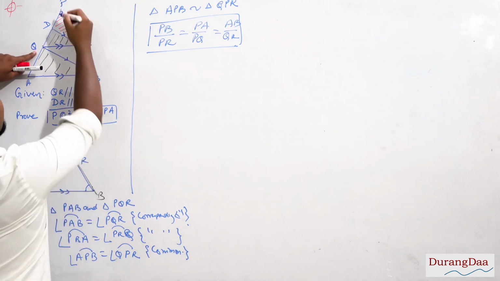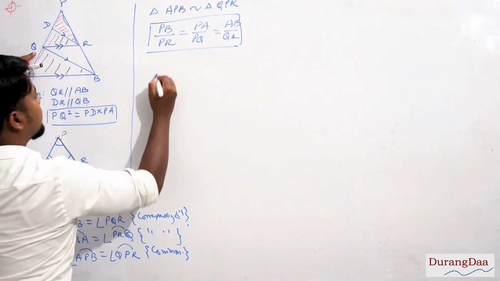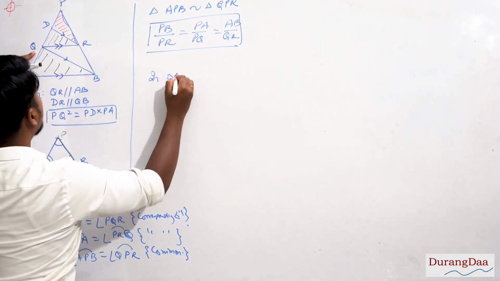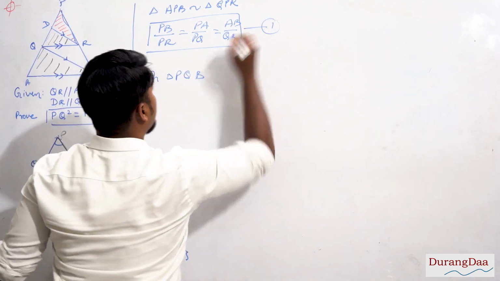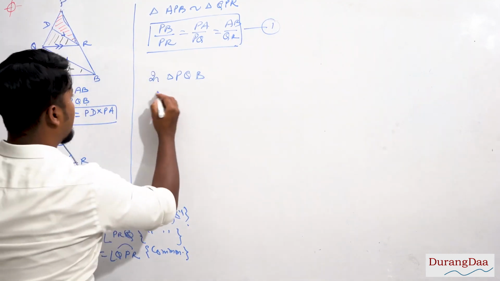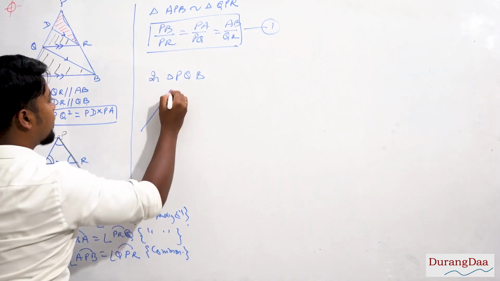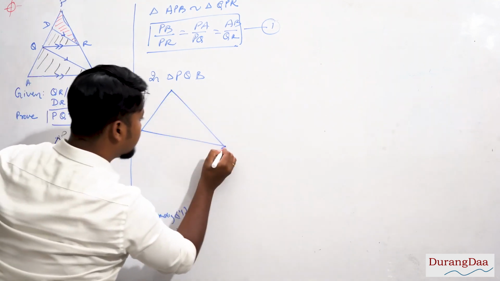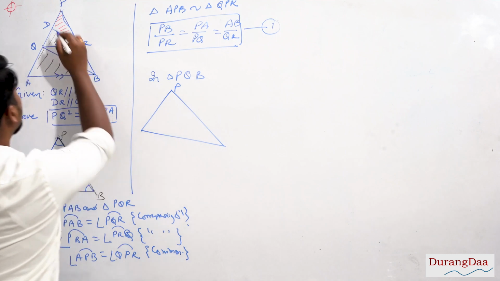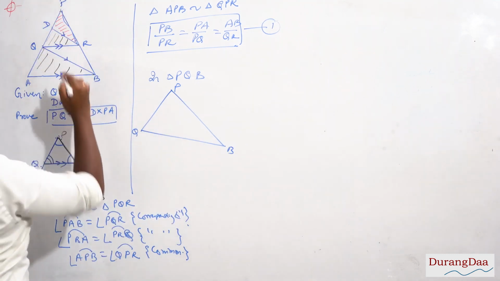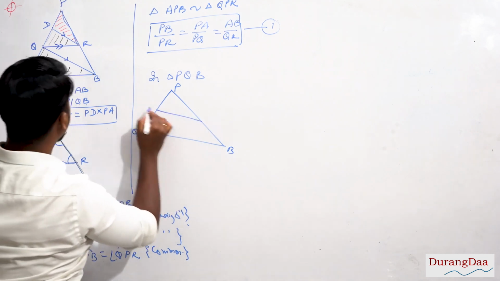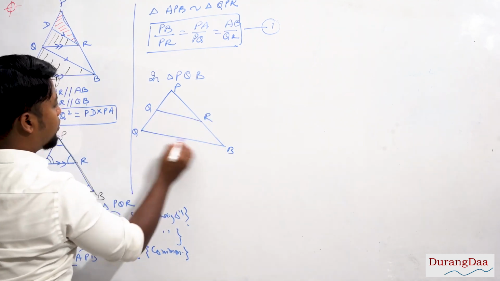Now we will focus on triangle PQB. So in triangle PQB, let me mark it as equation number 1. I'll draw this triangle once. Triangle PQB, this triangle, and here we have this line DR, sorry, QR parallel to QB.